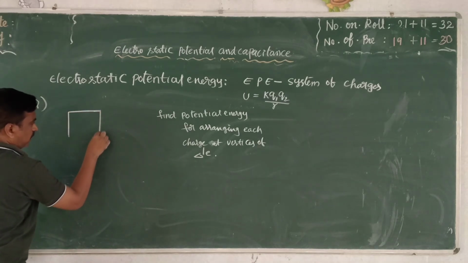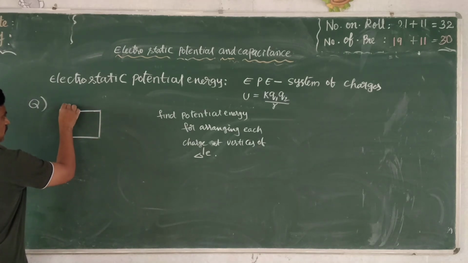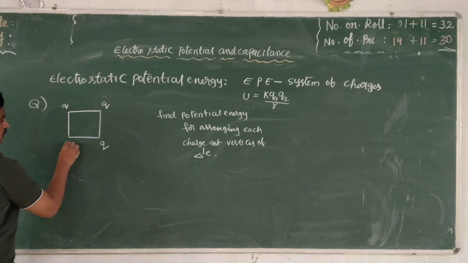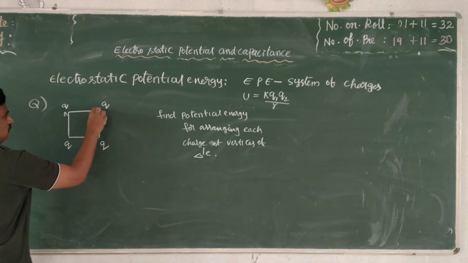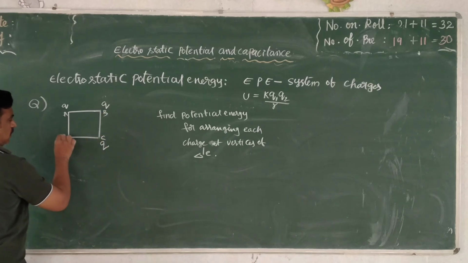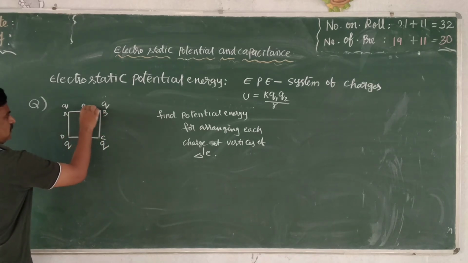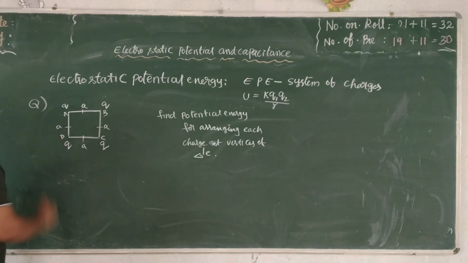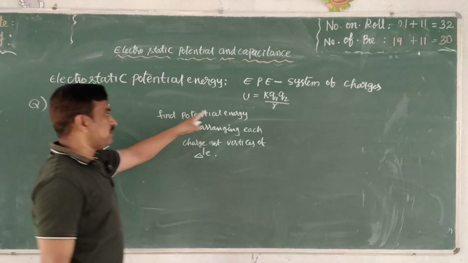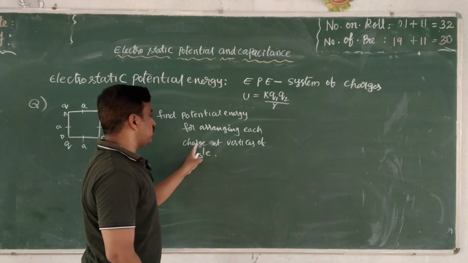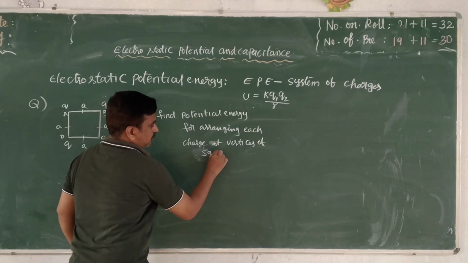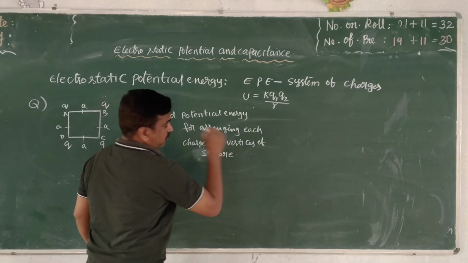In this we can arrange charges: here one charge Q, here Q, here Q, here Q. These are positions A, B, C and D. Each side has distance A. We find the potential energy for arranging charges at the vertices of the square.